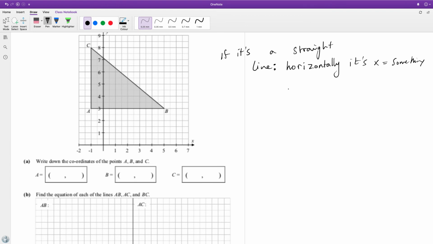If it's a straight line vertically, it's y is equal to something. So, if it's a straight line horizontally, it's x is equal to something. If it's a straight line vertically, it's y is equal to something.